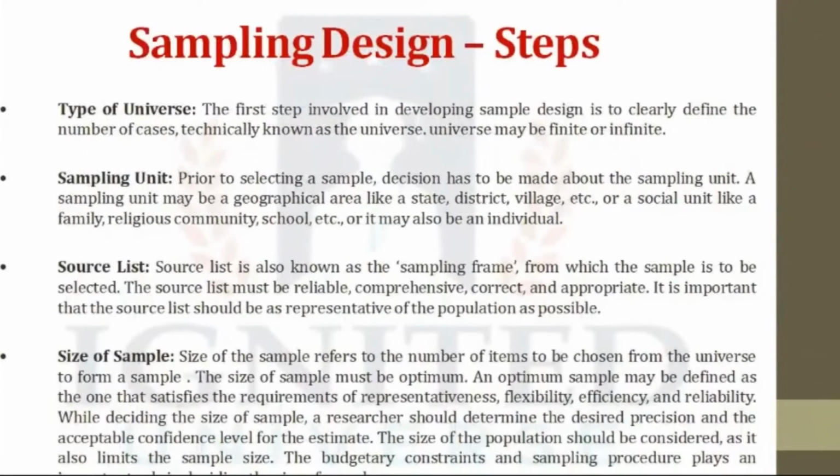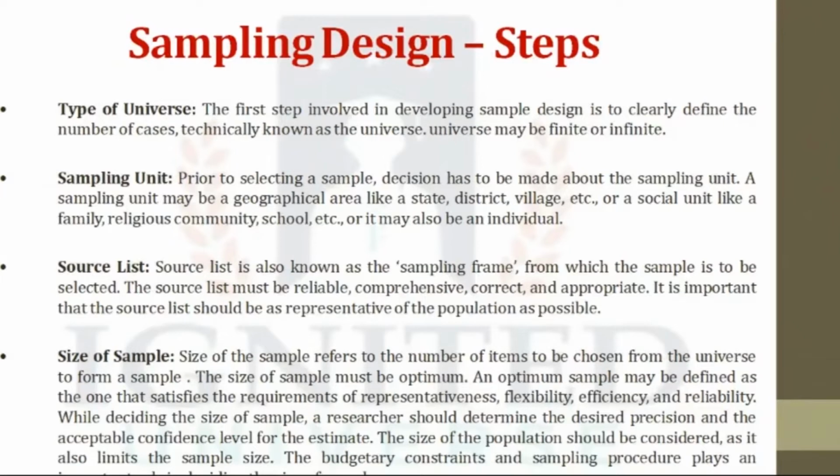So, what are the steps for having effective sampling design? The four major steps for effective sampling design are type of universe, sampling unit, source list, and size of sample. Type of universe is basically developing the sample design wherein you are defining the number of cases which is technically known as universe.